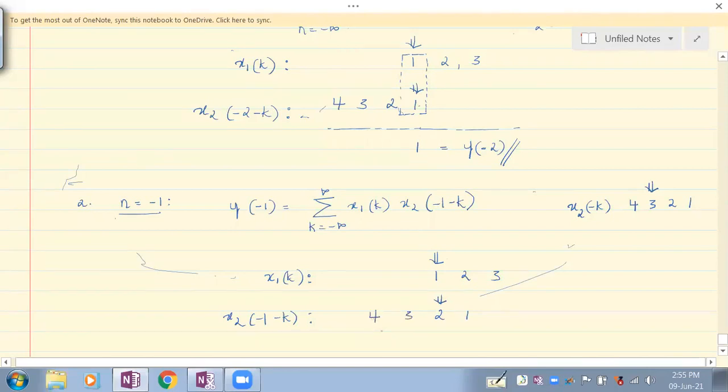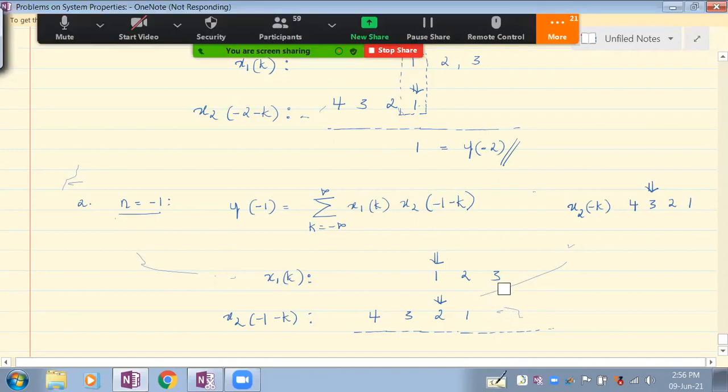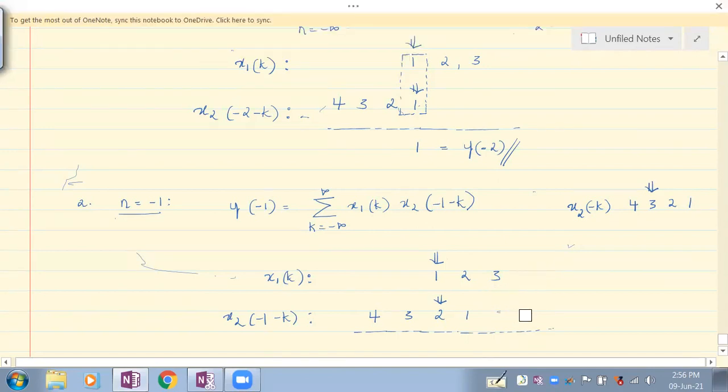Now, how many samples of x1 of k and x2 of k are overlapping? Can you tell me that? Here we have 2 samples overlapping.